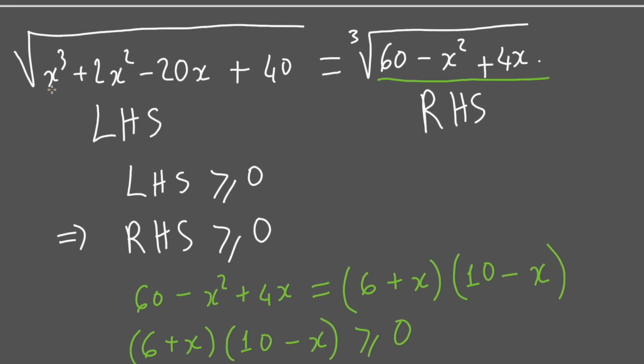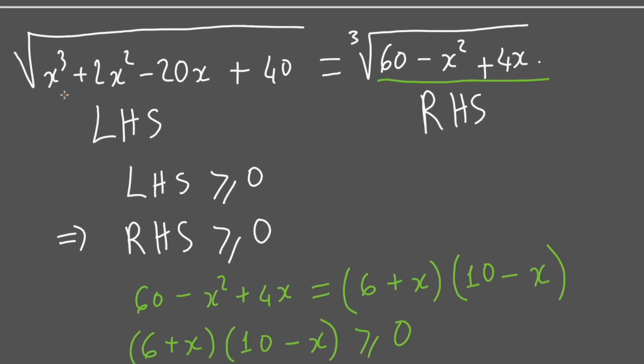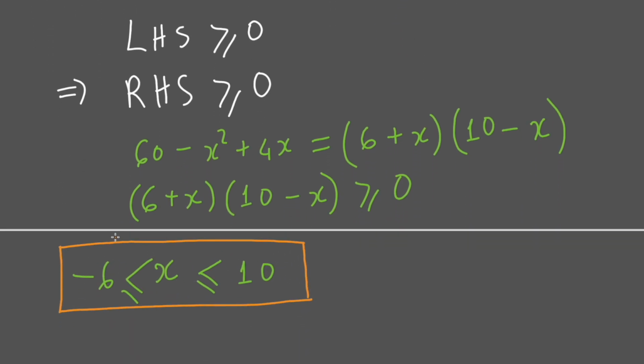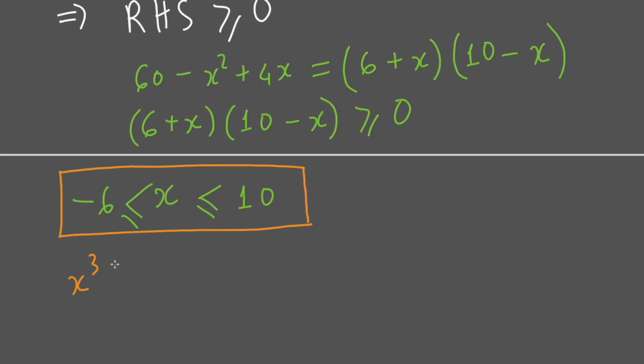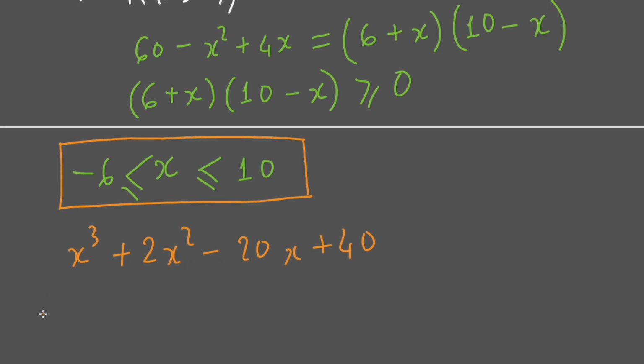Go back to the left hand side. The expression under the radical, x to the power 3 plus 2x squared minus 20x plus 40, will be equal to x plus 6 multiplied by x minus 2 squared, plus 16.